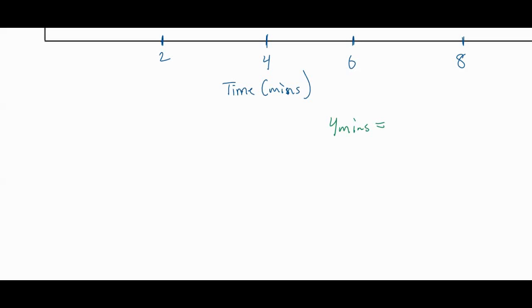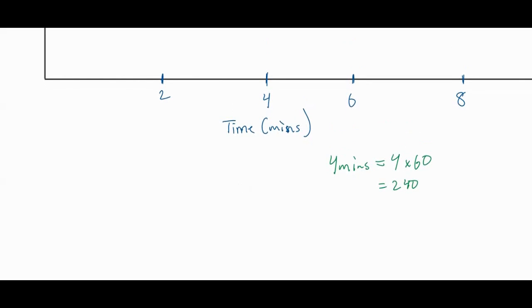How do you figure that out? 240, how'd you get that? So you do 60 times 4, and it's 240 seconds in 4 minutes. So that would be 240. This would be 120. This would be 360 and 480 if it was in seconds.